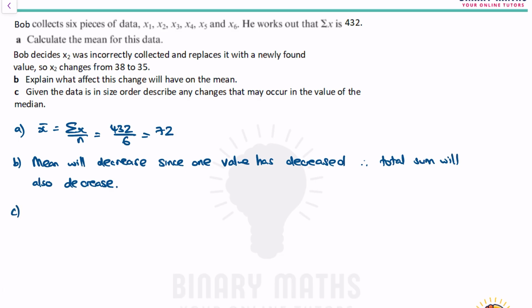C. Given the data is in size order, describe any change that may occur in the value of the median. So at the moment, the median is x3 plus x4 divided by 2. So median is equal to x3 plus x4 over 2.